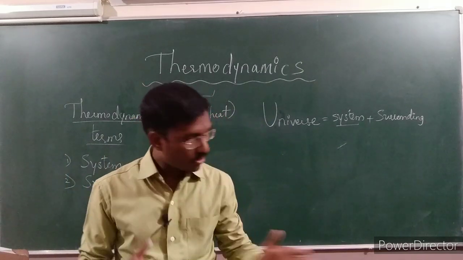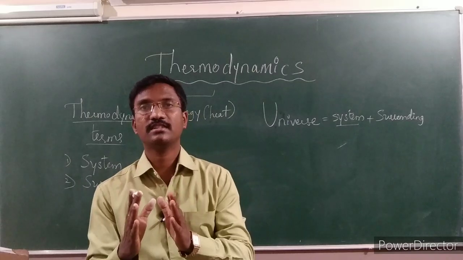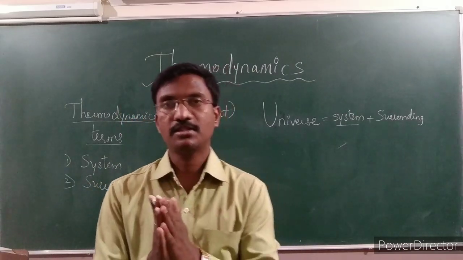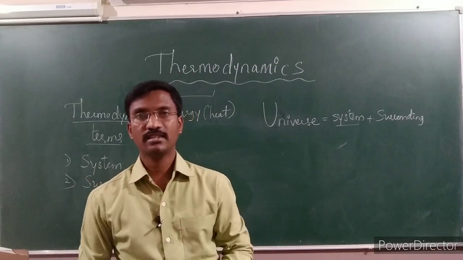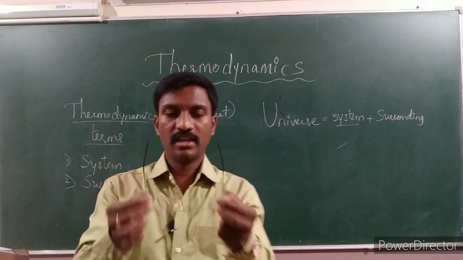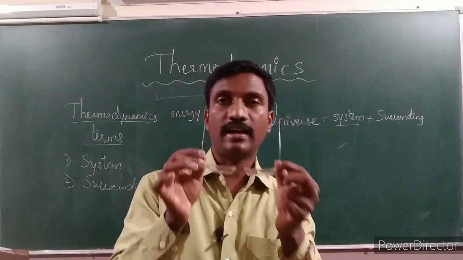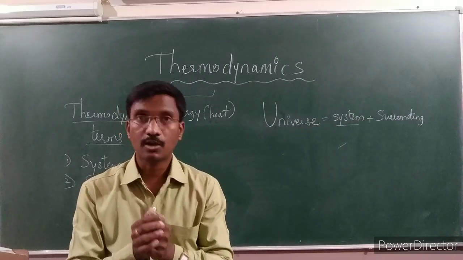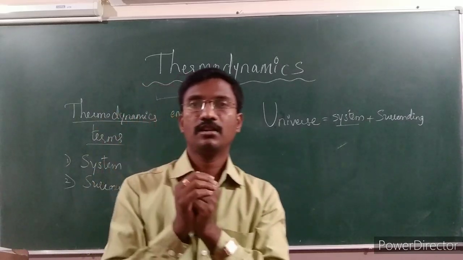If you are sitting on a chair, the chair is considered the surrounding and you are considered the system, and together it is considered the universe. If I am wearing spectacles, then the spectacles are the system and my face is considered the surrounding. Together it is called the universe.